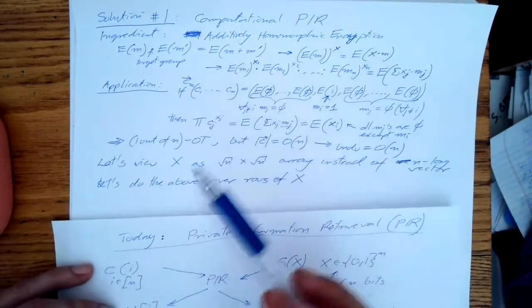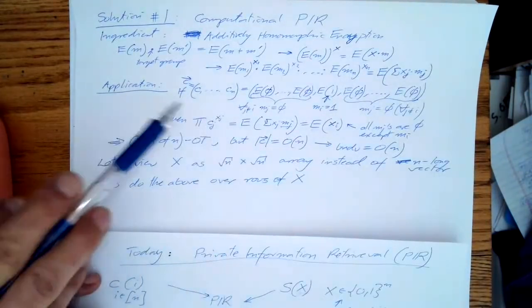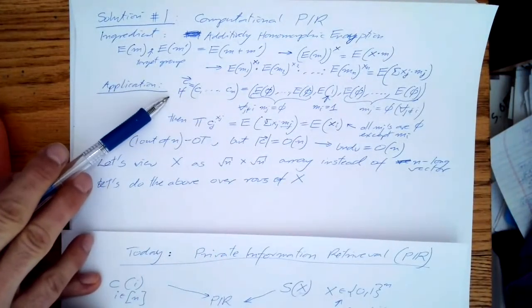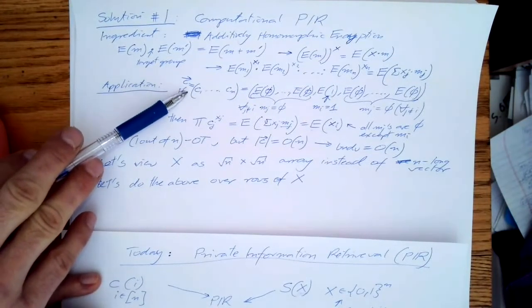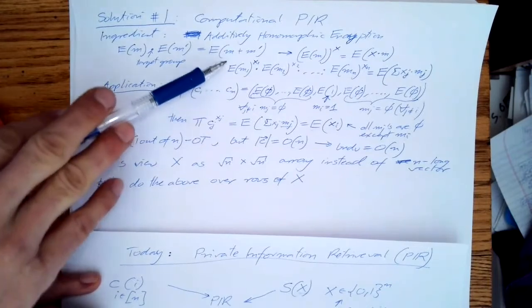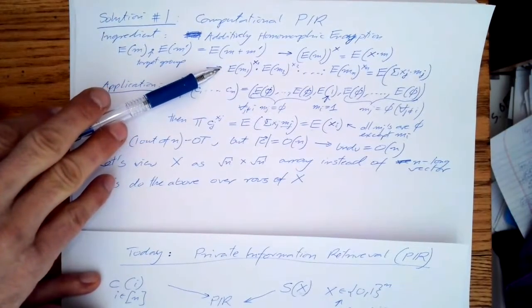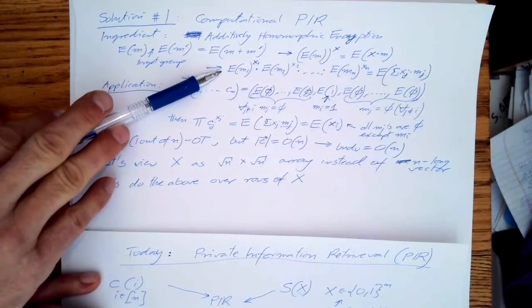So this basically balances out, whereas this basic application of the homomorphic encryption had an n-sized client ciphertext and a constant size response of the server.